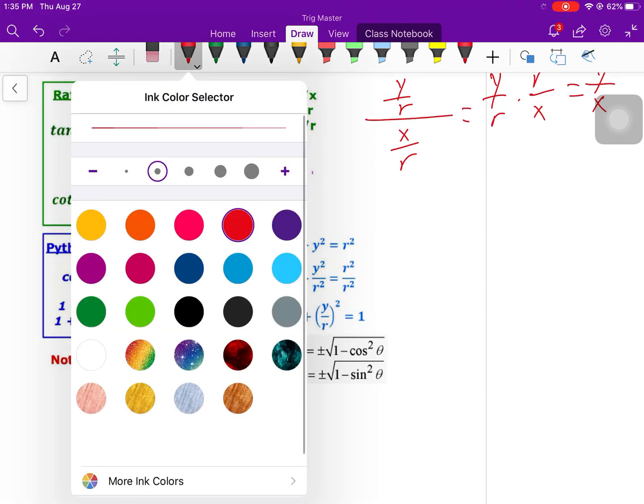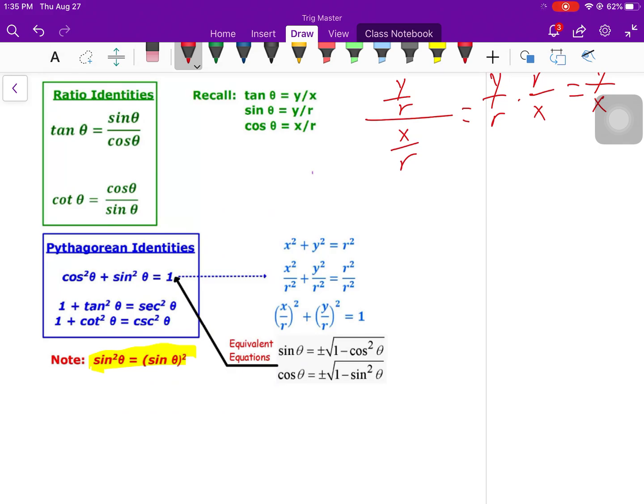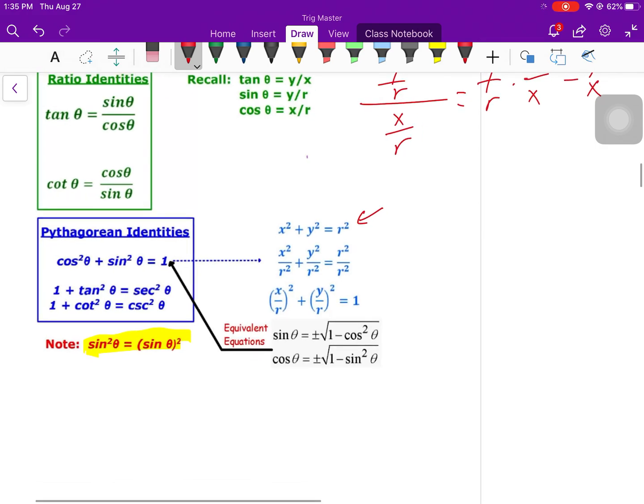All right. So cosine squared plus sine squared equals 1 comes basically from the circle. x squared plus y squared equals r squared. And we know that cosine is x over r, and sine is y over r. So if I square both of those, the r squared terms are going to cancel, and I'm left with x squared plus y squared equals r squared if I tried to cancel out that r squared.